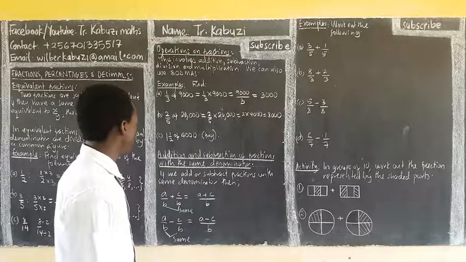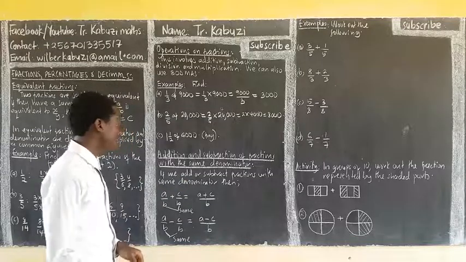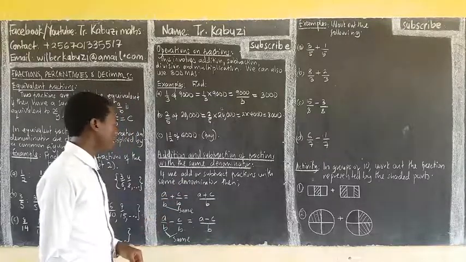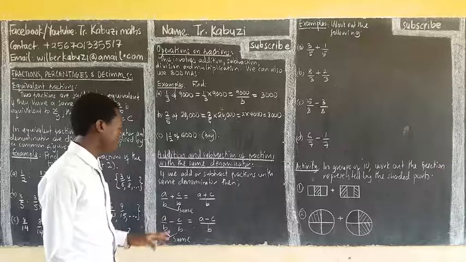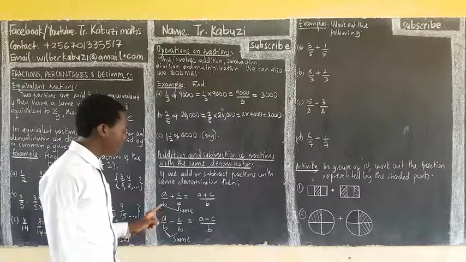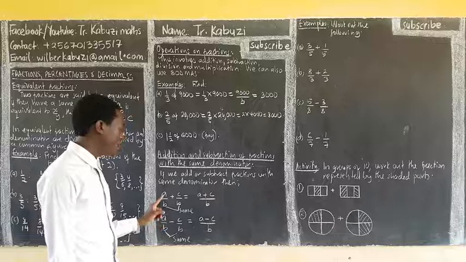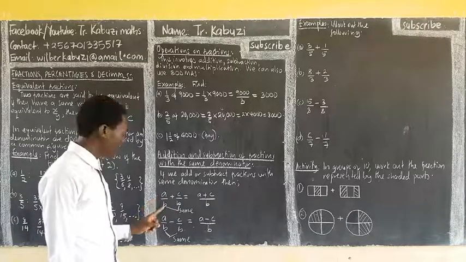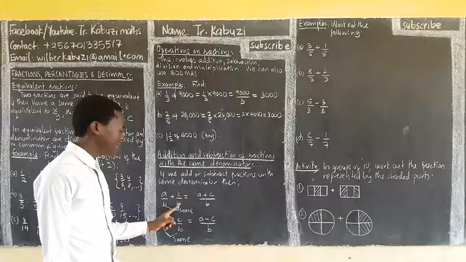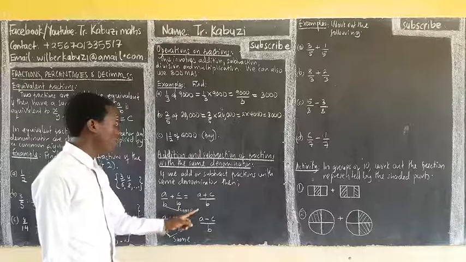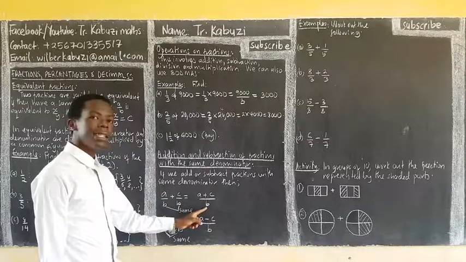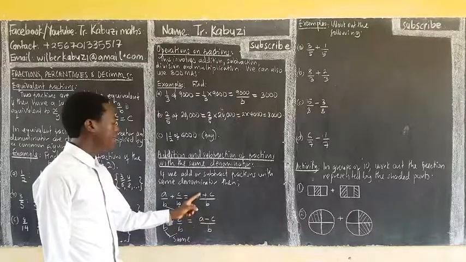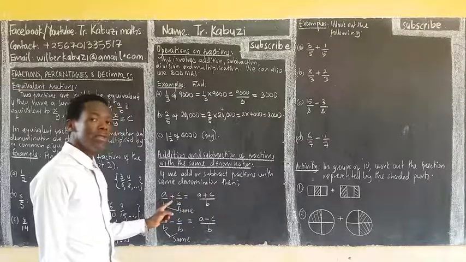Addition and subtraction of fractions with the same denominator. If we add or subtract fractions with the same denominators, you first check the denominator, this is the denominator, this is the denominator, these are numerators. You first check if they are the same. If this one is the same as this, then what you do, you get that denominator, then you do what the sign is telling you to do to the numerators.